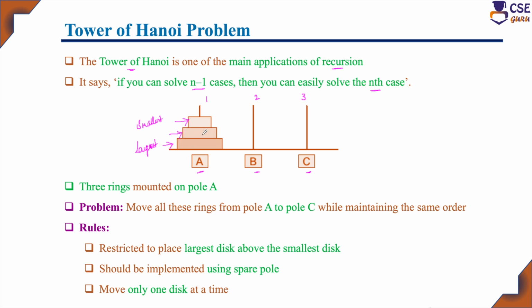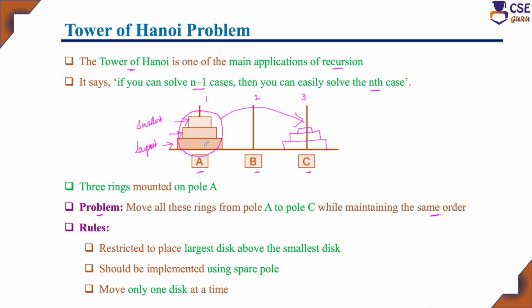In this way it is arranged in pole A. The problem is to move all these three rings from pole A to pole C in the same order, that is, the largest one at the bottom, the next largest one, and the smallest one at the top. Similarly, you have to place them in the destination pole C, maintaining the same order.